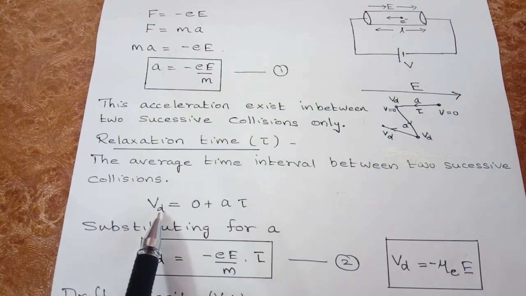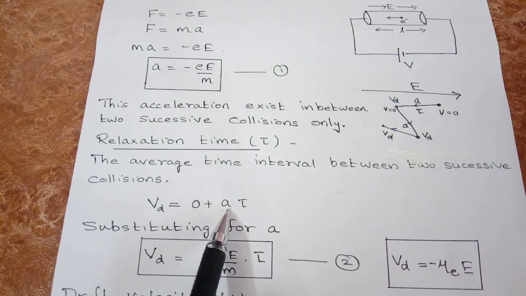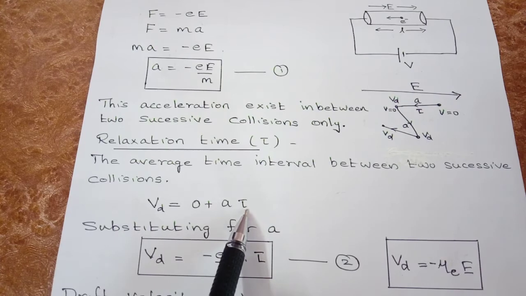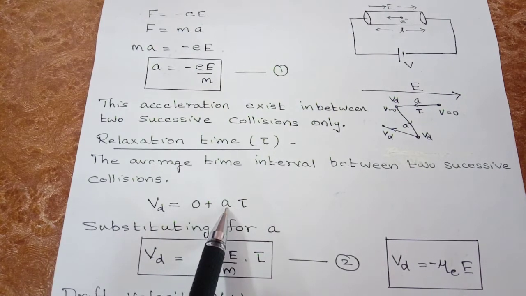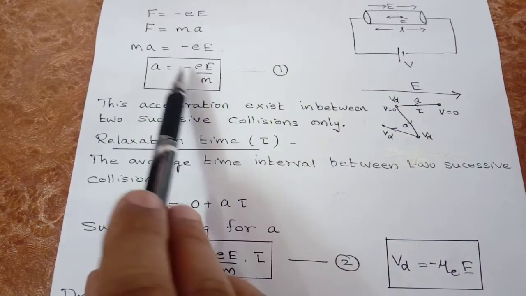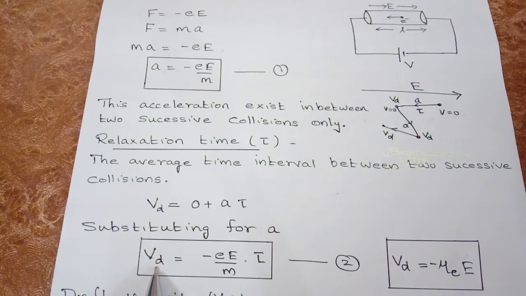In this case, final velocity is the average velocity of the electron just before a collision, and that is the drift velocity, equal to initial velocity 0 plus acceleration into relaxation time tau. Since initial velocity is 0, let us substitute a. What is a? Already we studied a is equal to minus eE by m, therefore Vd can be written as minus eE by m into tau.